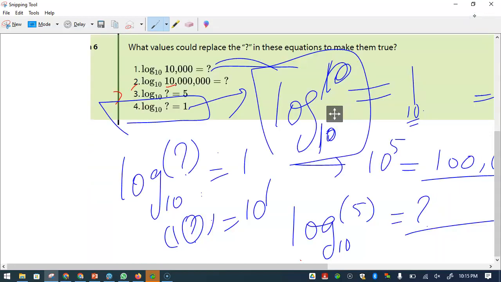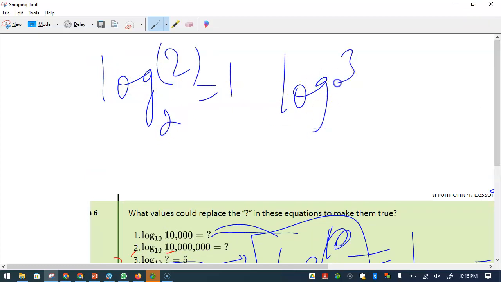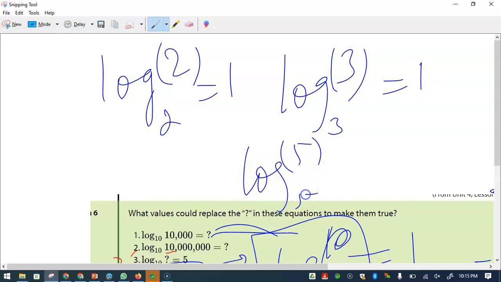If we have logarithm of 2 to the base 2, the answer is 1. Logarithm of 3 to the base 3 is 1. Logarithm of 5 to the base 5, anytime we have the same number, it's always going to be 1, because 5 raised to 1 is 5, 3 raised to 1 is 3, 2 raised to 1 is 2, and that's it.